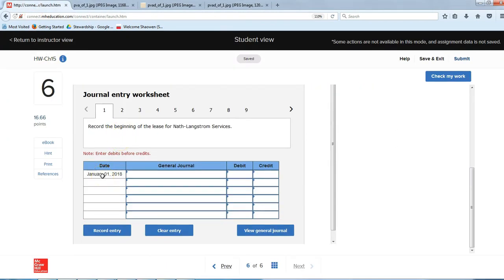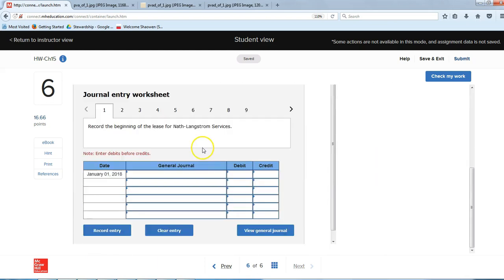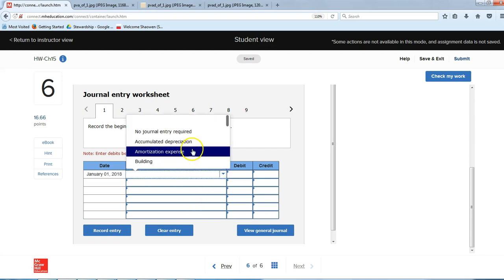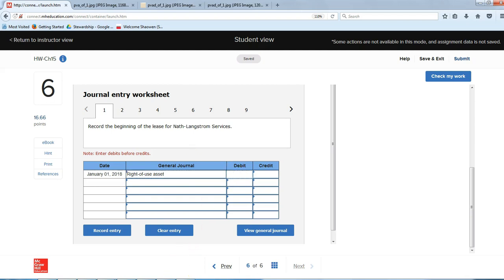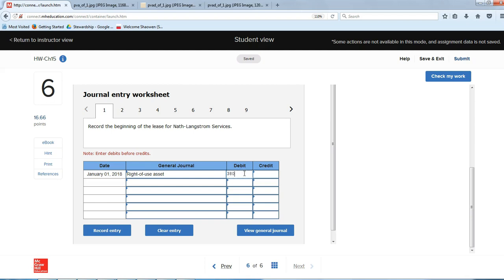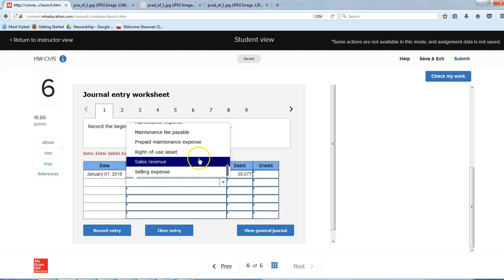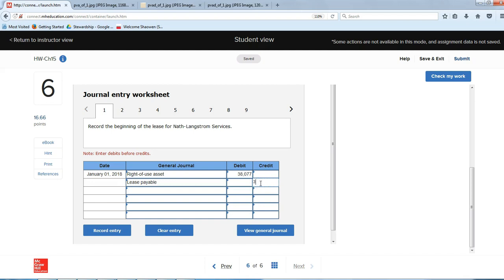So on January 1st, 2018, lessee they lease from Computer World. So lessee will have a right of use asset for $38,077, and they have liability lease payable for $38,077.